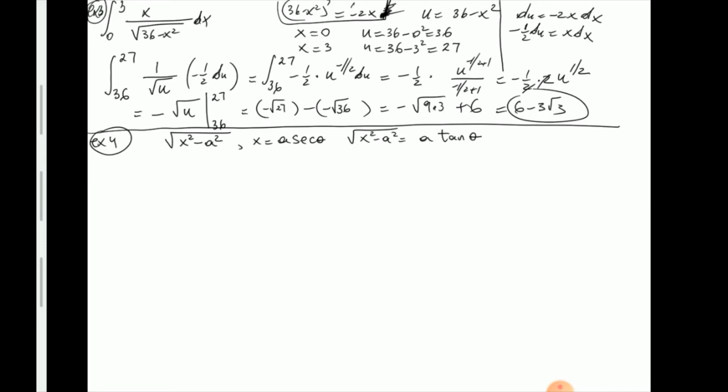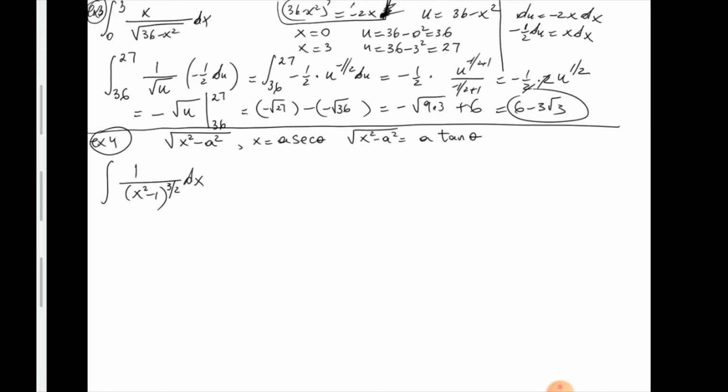Let's do an antiderivative so we can see all the steps. So let's say I need to compute the integral of 1 over x squared minus 1 to the power 3 over 2 dx.